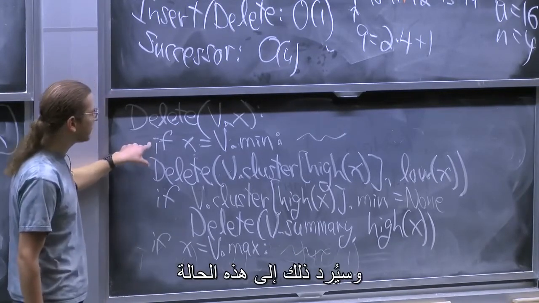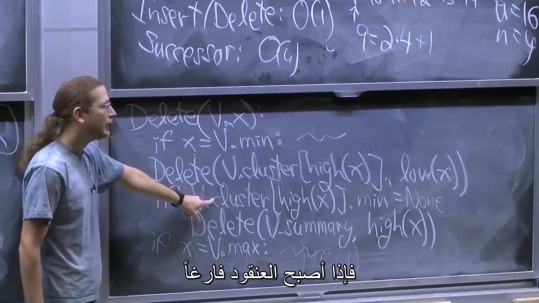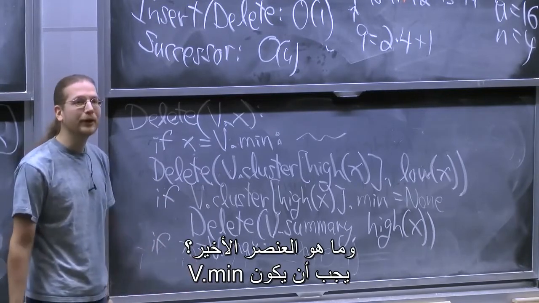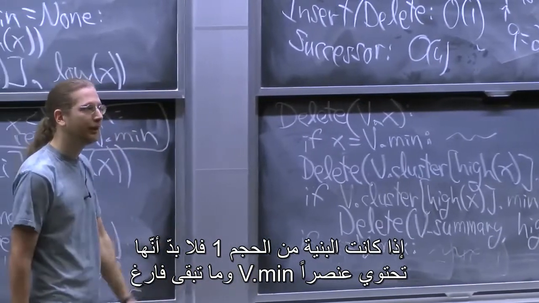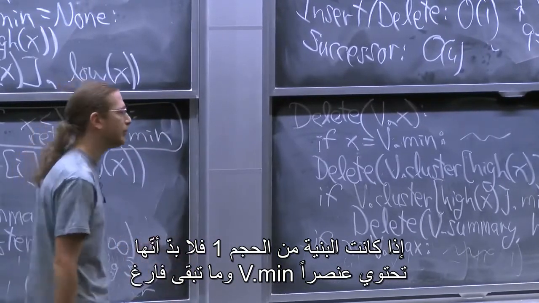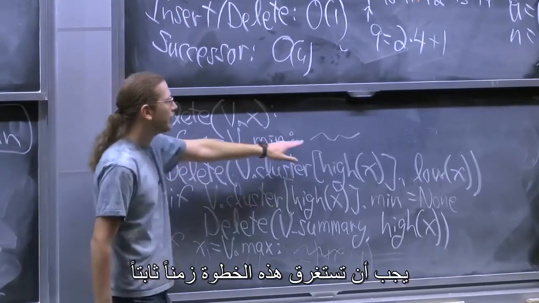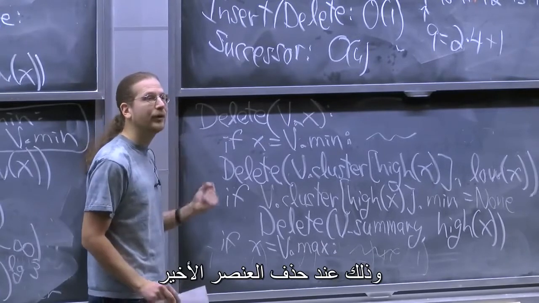And that's going to correspond to this case, because if we made the cluster empty, that means we deleted the last item. What's the last item? It has to be v.min. If you have a size 1 structure, it's always because that item is in v.min. Everything else is empty. So that's the case of deleting v.min. So we want this case to take constant time when it's the last item we're deleting.